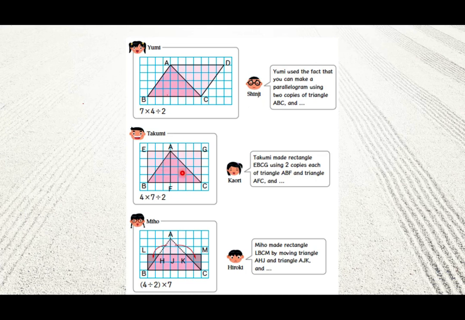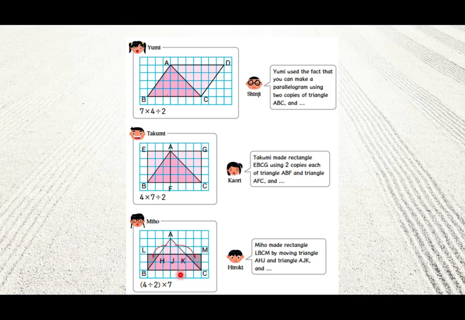Another one is this one and this one, the same triangle. Put them together, and it becomes a rectangle. So the area is half of the rectangle. This approach uses the rectangle formula. Another one is cutting this and moving this, rearranging the shape into a flattened kind of rectangle.